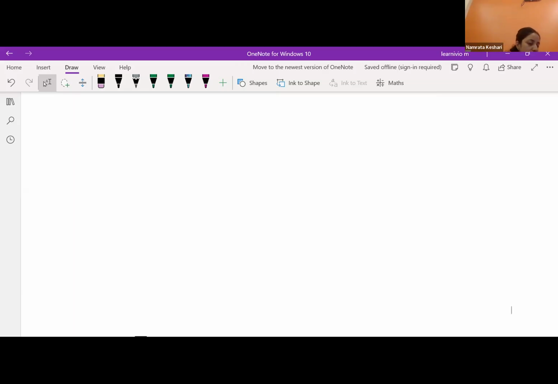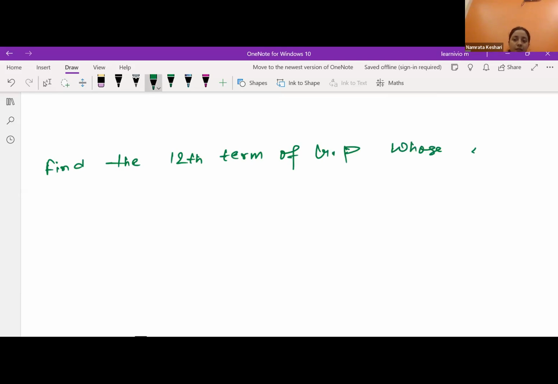Now the next one. Find the 12th term of a GP whose 8th term is 192 and common ratio is 2.